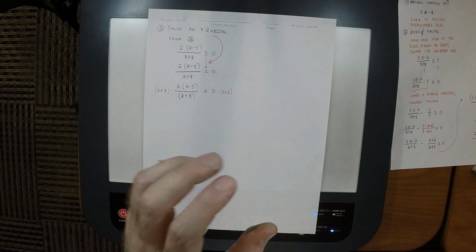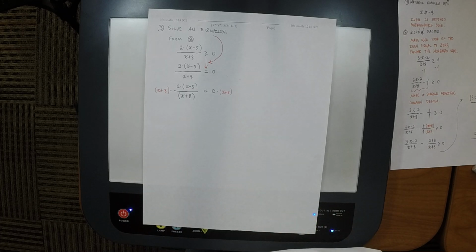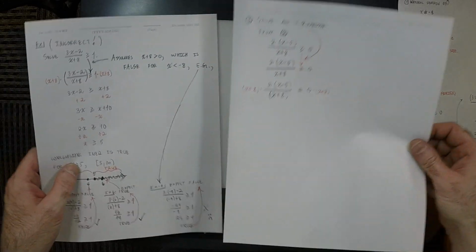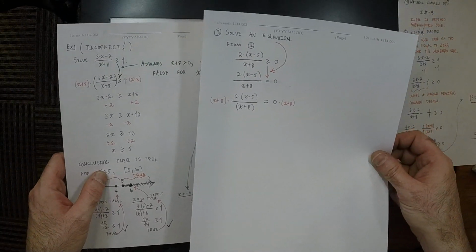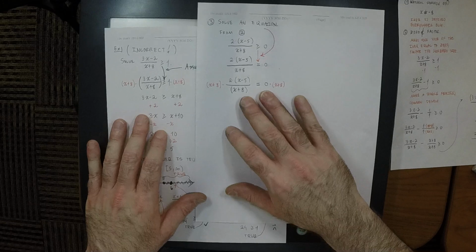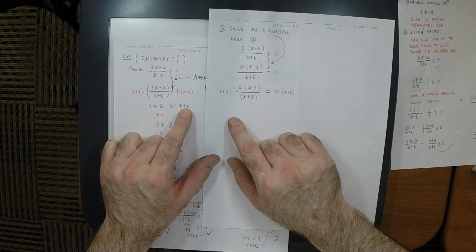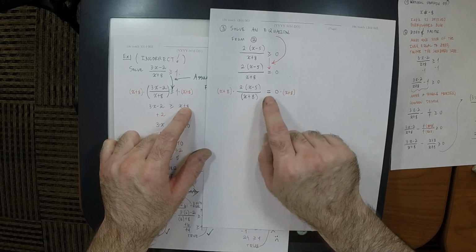Okay, no dispute that last time we multiplied both sides by x plus 8 and that broke it. Everything went off the rails at that point. But this time it's different. And it's not just because I promise. There's a reason. Yeah, what's the difference? Because this is an equation.